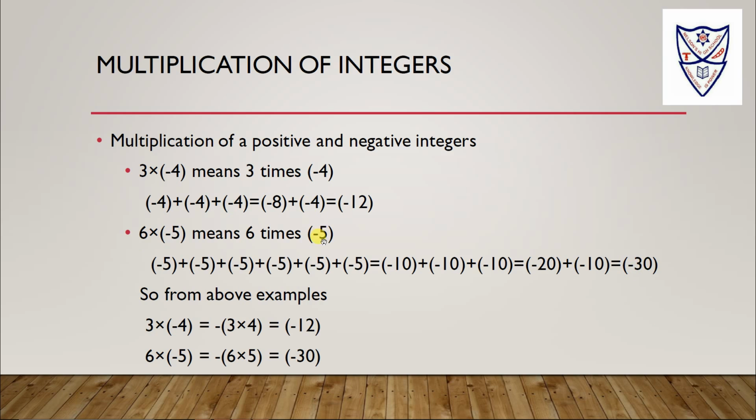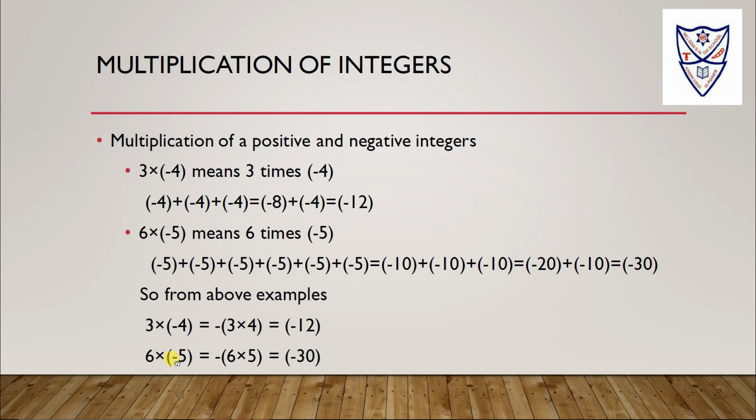So from the above examples, we can write 3 multiplied by minus 4 is equal to minus of 3 multiplied by 4. From this minus 4, this minus sign we have to take out, and inside we have to write the whole number, that is its absolute value. 3 multiplied by 4 means 12, and it is minus 12.